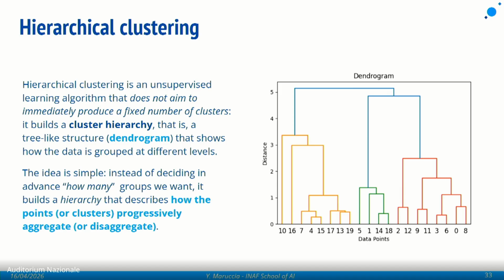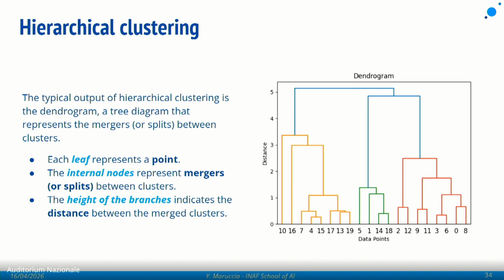In fact, hierarchical clustering is about how the points or clusters progressively aggregate or disaggregate. Because we have two kinds of hierarchical clustering, but first we need just a few notions.